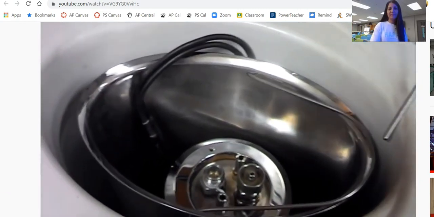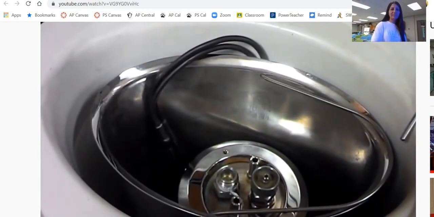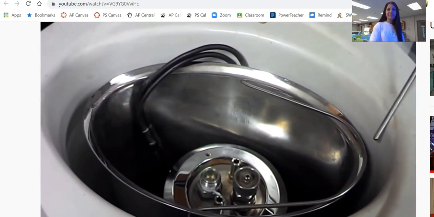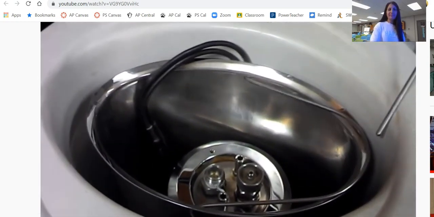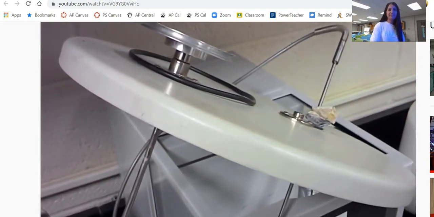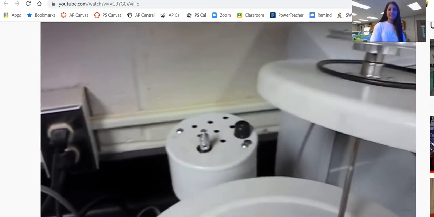So how is the energy collected? Or how does a scientist figure out how much energy is being given off? Well, it's a closed system. There's a lid here that goes on top of this calorimeter. And in the lid is a stirrer.